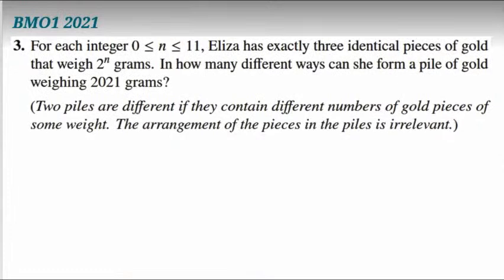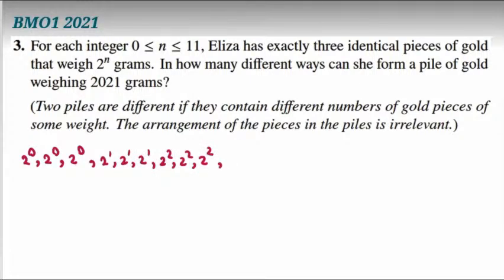Okay, so let's read. It says for each integer n from 0 to 11, Aliza has exactly 3 identical pieces of gold that weigh 2 to the n grams. So we have 2 to the 0, 2 to the 1, 2 squared, and 2 to the 10, and 2 to the 11.